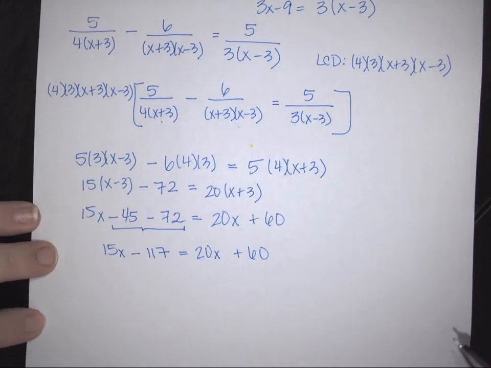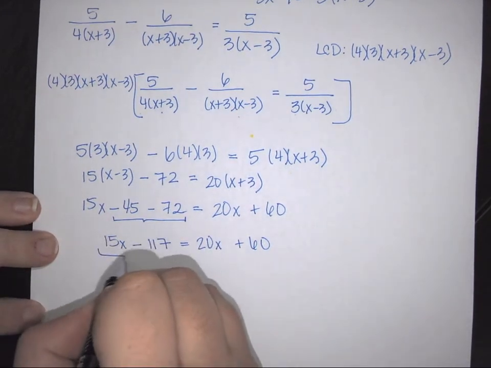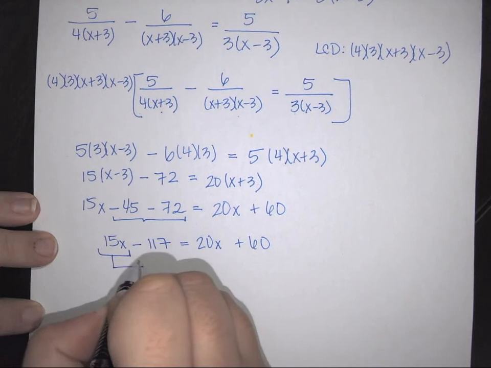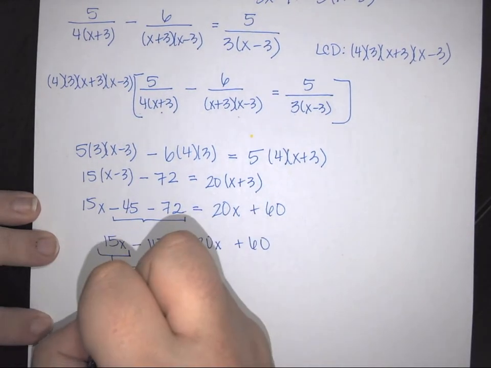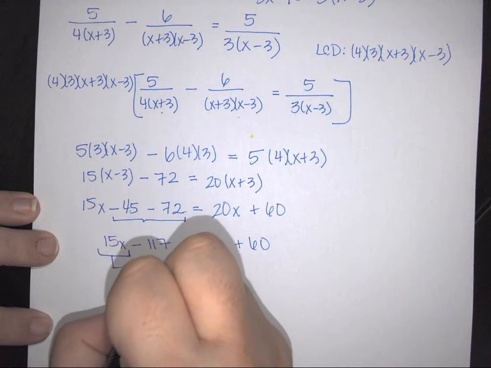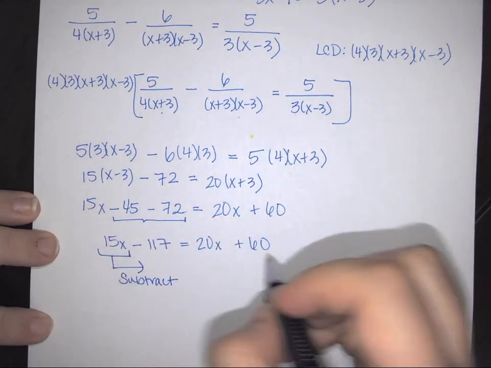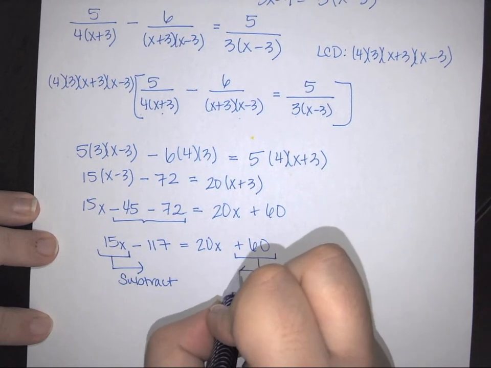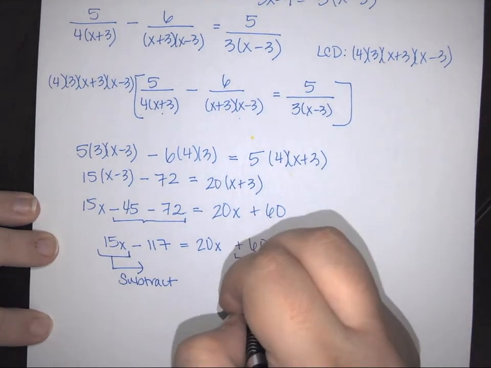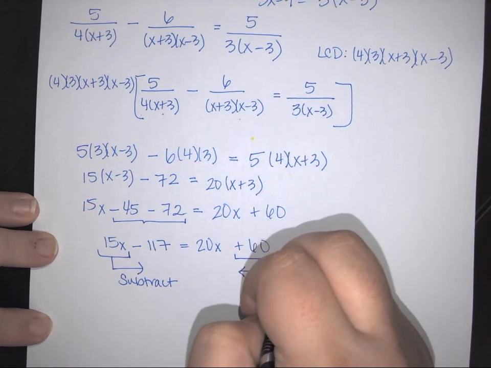In this case, I'm solving for x, so I'm going to take my 15x and move it to keep my x positive. Because it is positive, to move it I have to subtract. At the same time, I'm going to take my plus 60 and move it. Again, because it's positive, to move it I have to subtract.